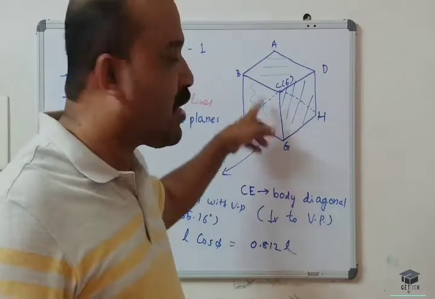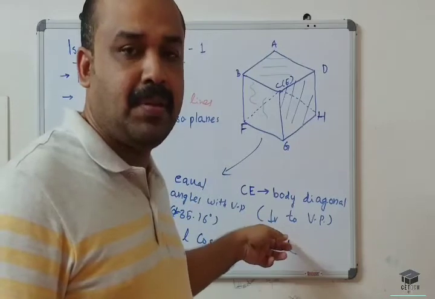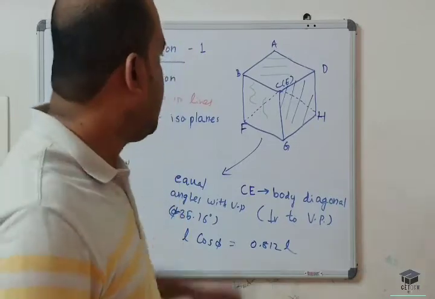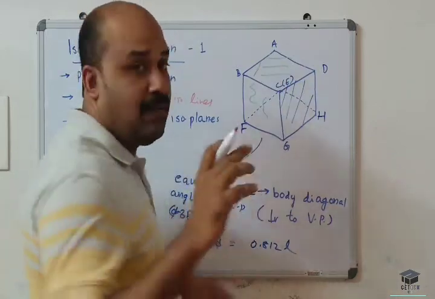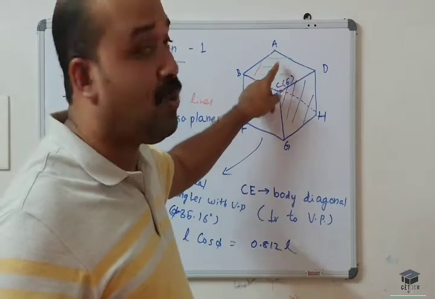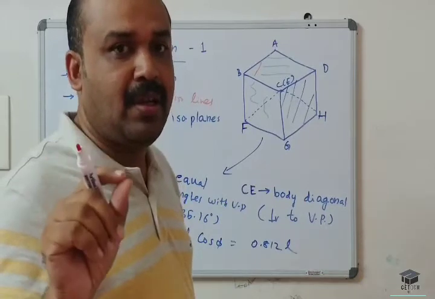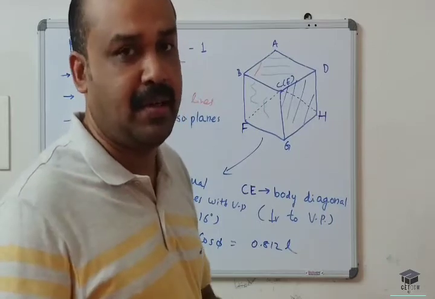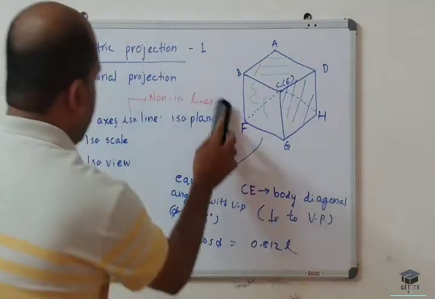But for non-isometric lines, the angle will not be the same, so the reduction will not be uniform. This line may have a particular angle, and that line another. So we cannot directly draw non-isometric lines in an isometric projection. That is very important. We can draw only isometric lines directly. These are the very basic terms.